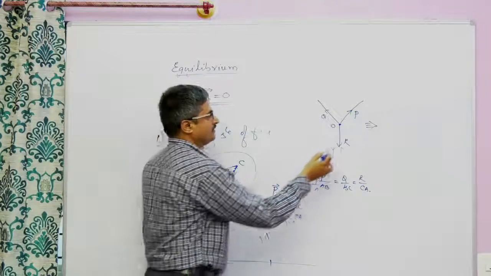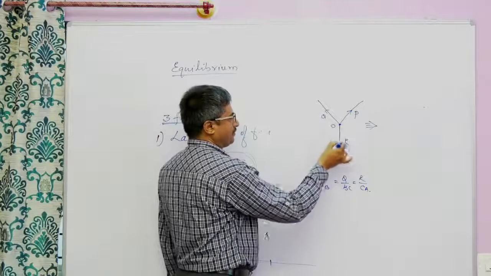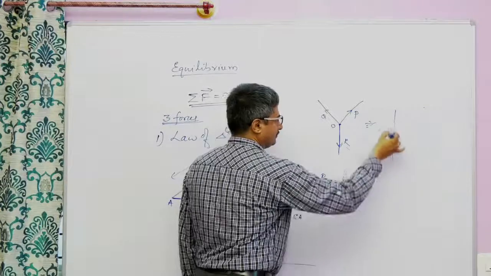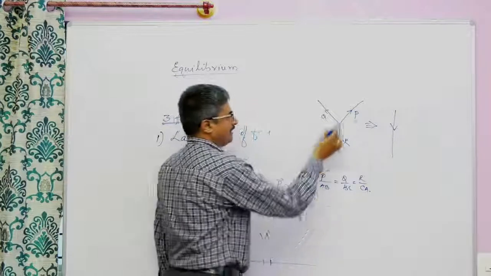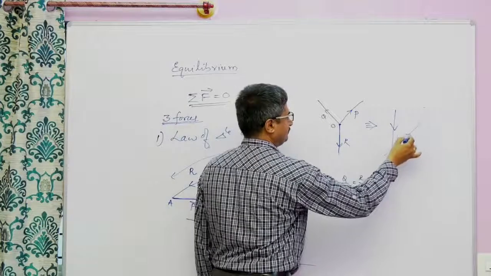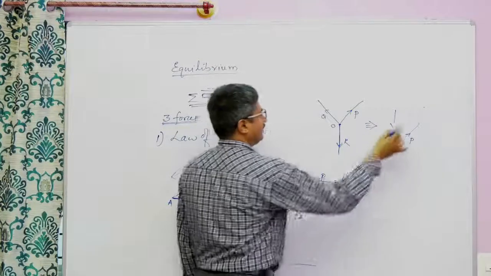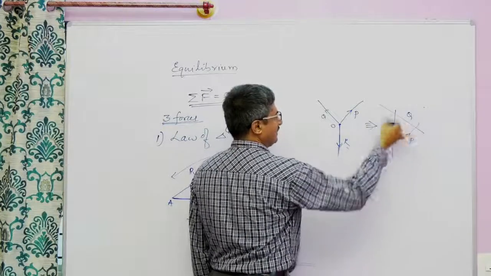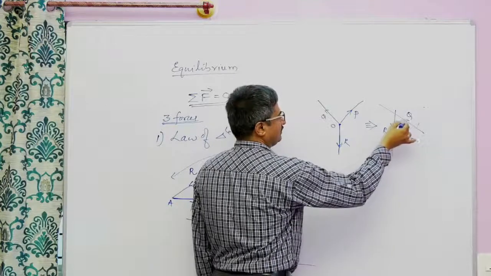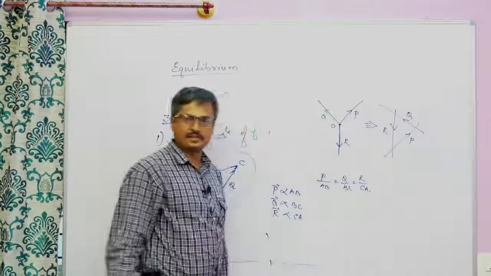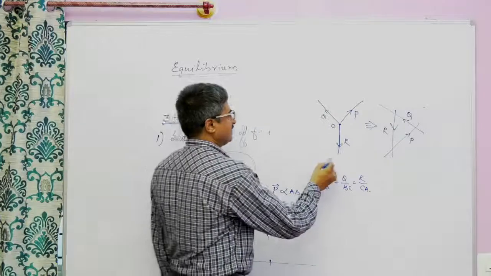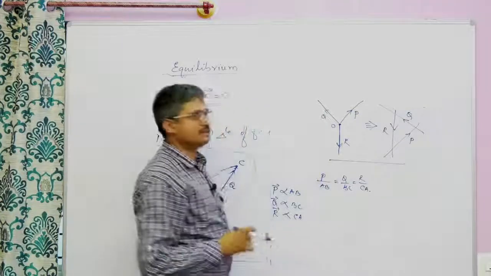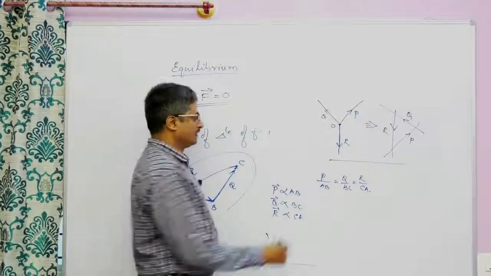How to draw it? Draw a line parallel to R, a line parallel to P, and a line parallel to Q. These three are taken in order and they form a triangle. So this is the converse law of triangle of forces.